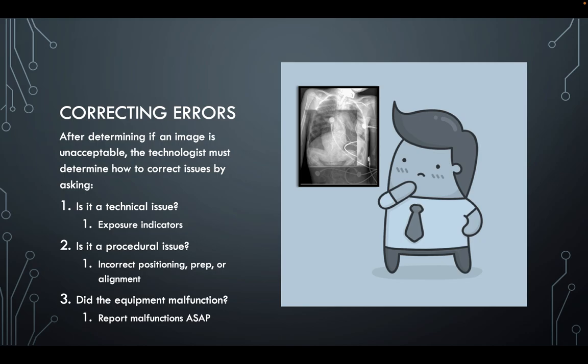So is this something that I, as a tech, messed up on, or something shifted during my actual exposure? Before you go in and start moving things, if you determine that it's likely an issue on your own part, make sure that when you walk back in the room, you look at what's going on.